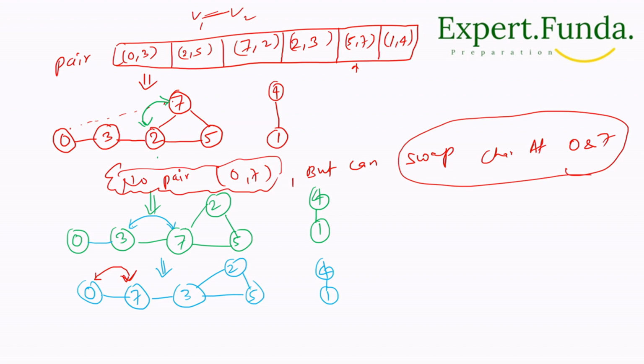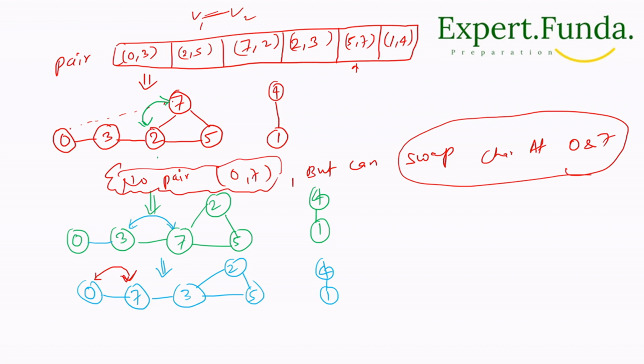Suppose we have built this graph using the given pairs. We'll find the connected components in the graph, then sort the characters in each connected component in ascending order, and we will build the smallest string.